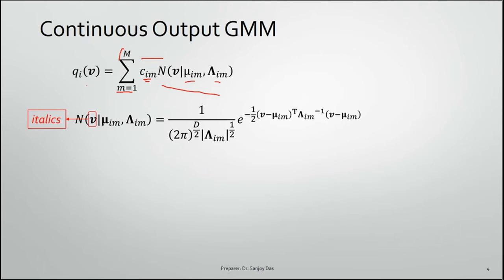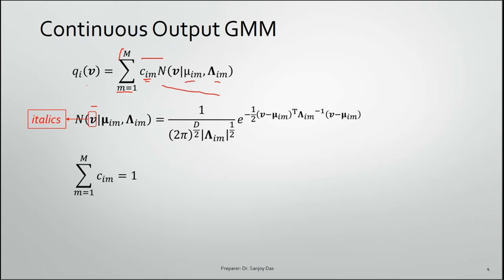And now, since this is a vector, I am using bold. However, I'll still use italics because the straight V will still represent V1, V2, V3 up to V uppercase T, the continuous output sequence.